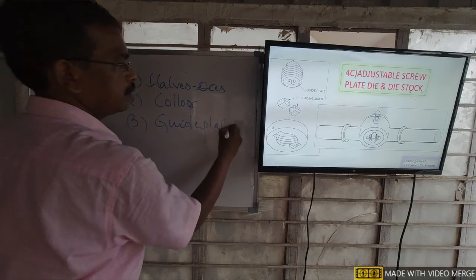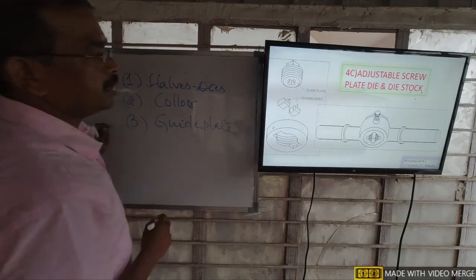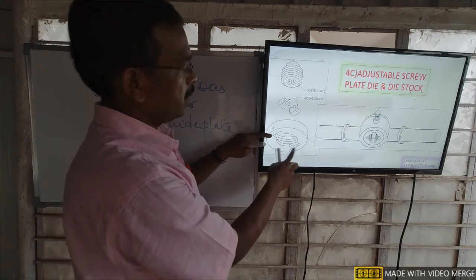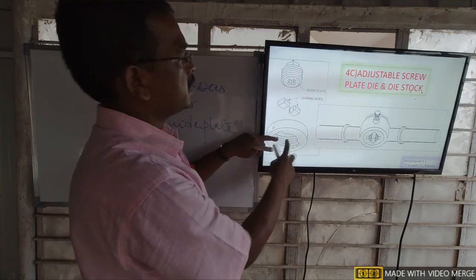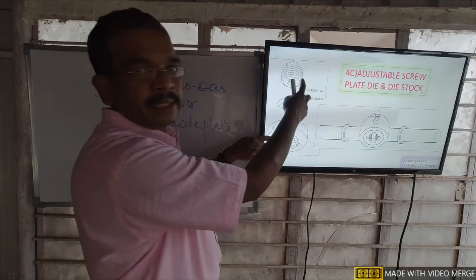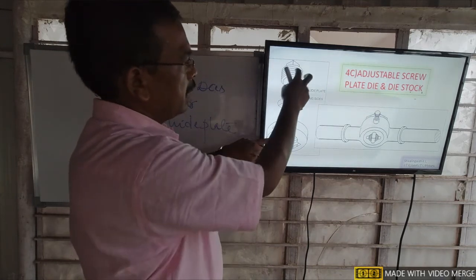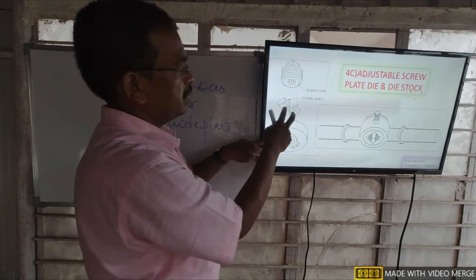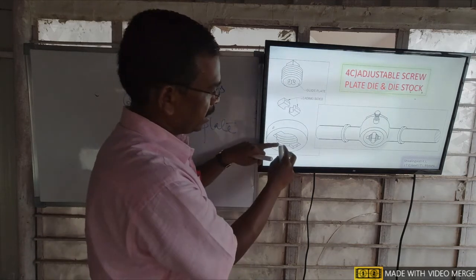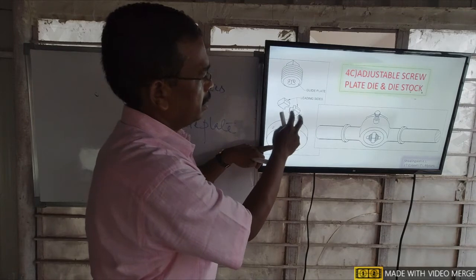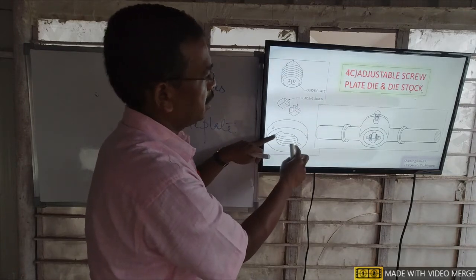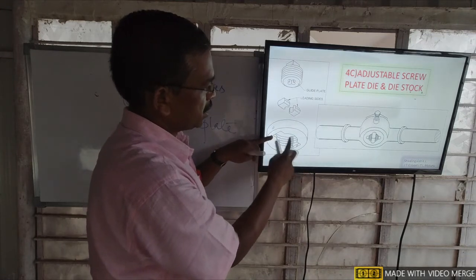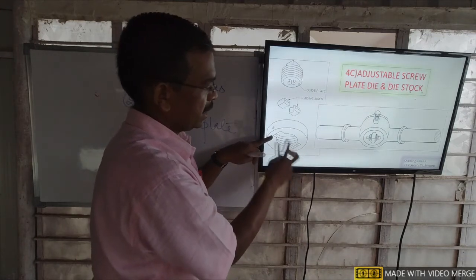See here, these two halves are fixed inside this collar, which has internal threads, whereas the guide plate has external thread. So it will be inserted in between the guide plate and the collar bottom, and the dies will be fixed here. When we tighten this guide plate over this, these two dies will be fixed rigidly.